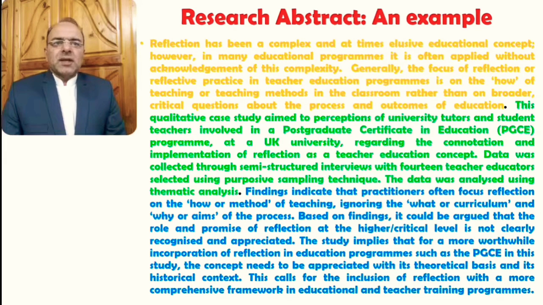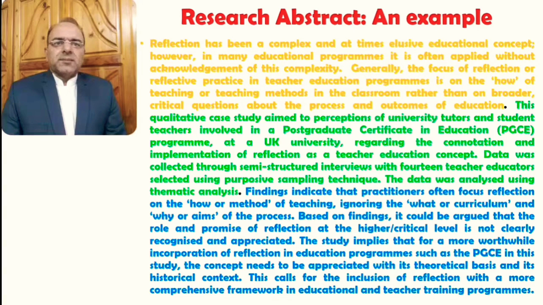You can see that this is around 230 words, and I have divided the different parts of the abstract by presenting them in different font colors. In the very beginning, the orange color, then the green color, and then the blue color.